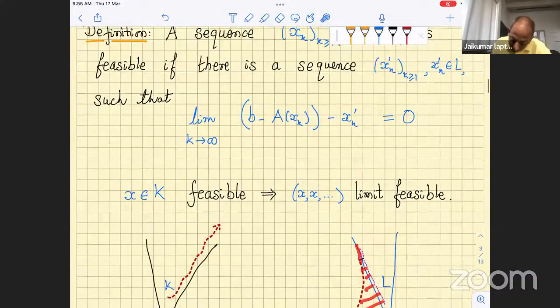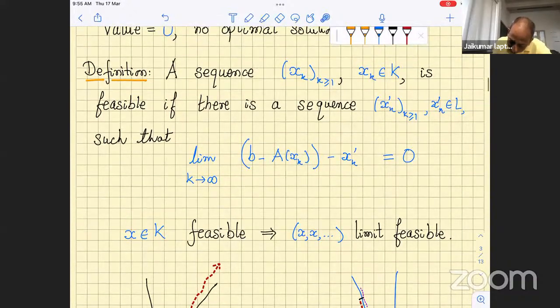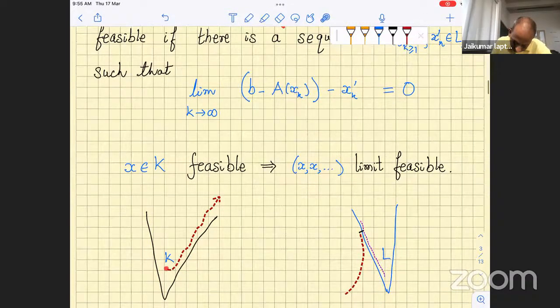So we don't say that this eventually falls inside L. It doesn't necessarily fall inside L, but there are points inside L which come arbitrarily close to it as k goes to infinity.